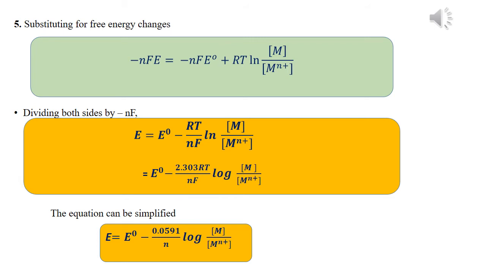Dividing both sides by minus nF, the equation becomes E equal to E0 minus RT by nF ln [M]/[M^n+]. When changing to log to the base 10, the equation becomes E equal to E0 minus 2.303 RT by nF log [M]/[M^n+], and by simplification we finally get E equal to E0 minus 0.0591 by n log [M]/[M^n+].